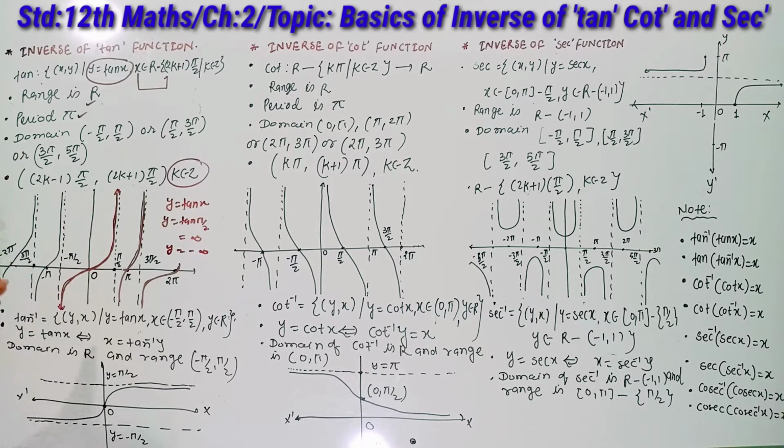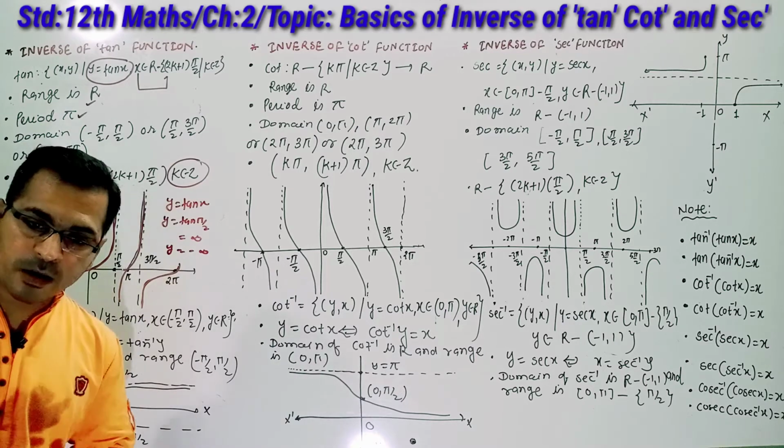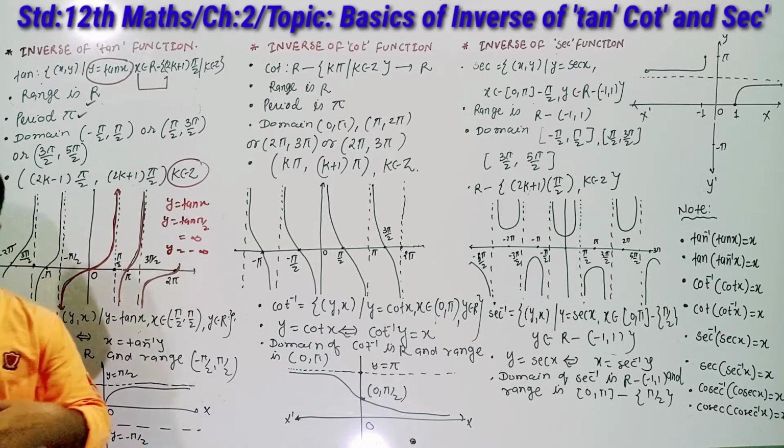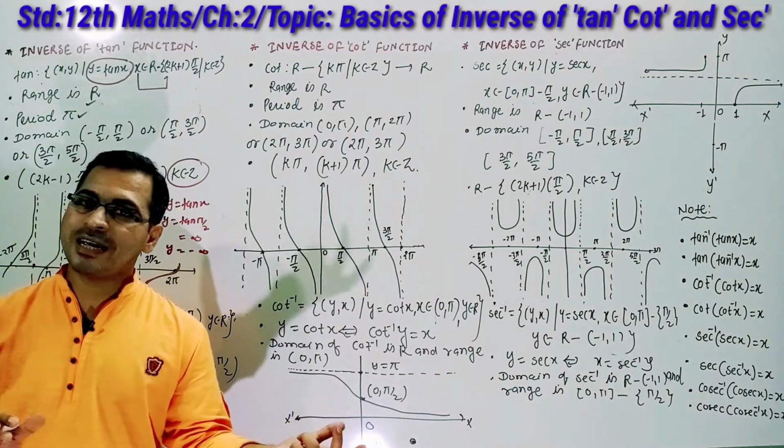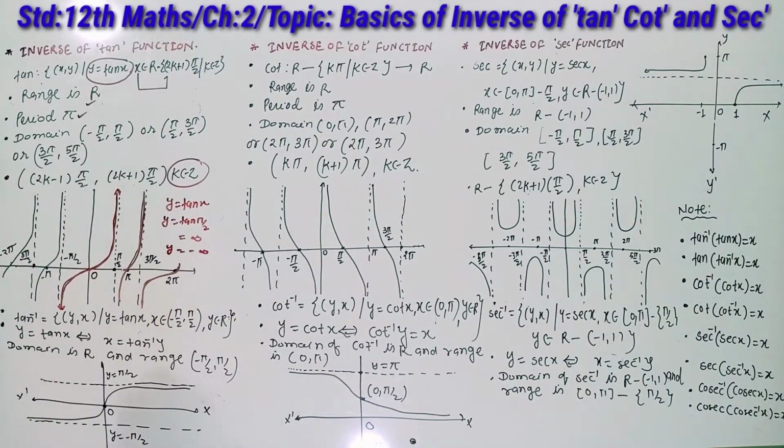Okay students, we know that the tan function is one-one and onto, so it has an inverse. For a function that is one-one and onto, the inverse exists. In any function that has an inverse, the domain is converted into the codomain, meaning range, and the range is converted into the domain, right students?